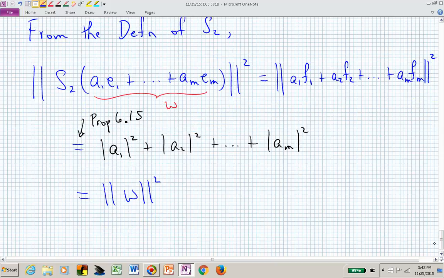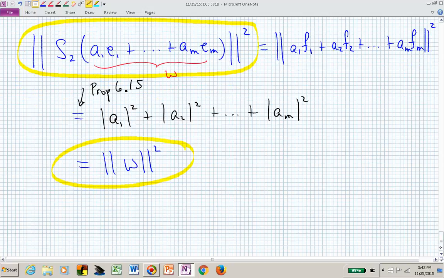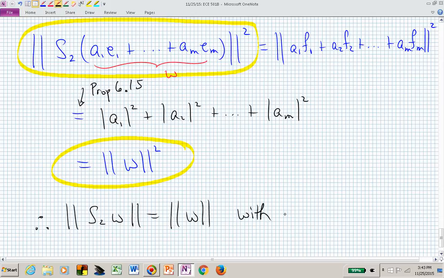But now if we compare this with this, which they are equal, we just kept finding equal expressions all along, now we can conclude, therefore, that the norm of S sub 2 W is equal to the norm of W. And where is W living?